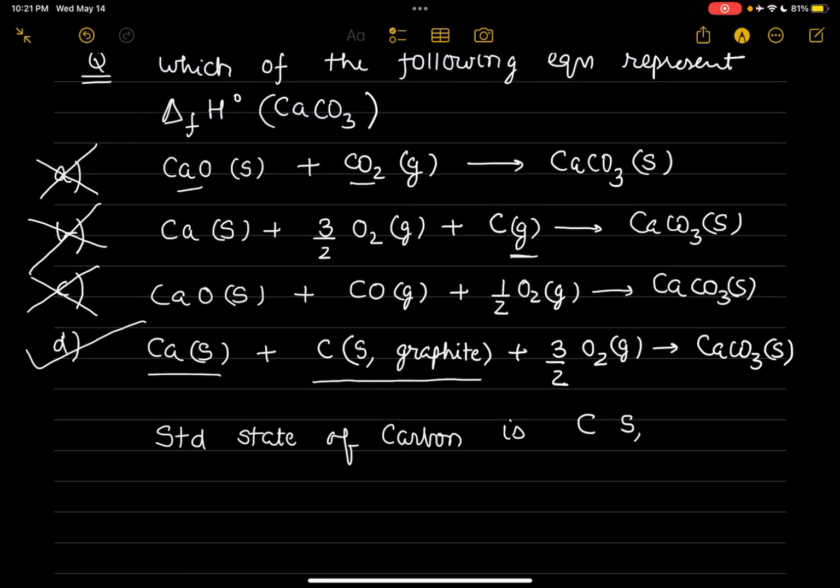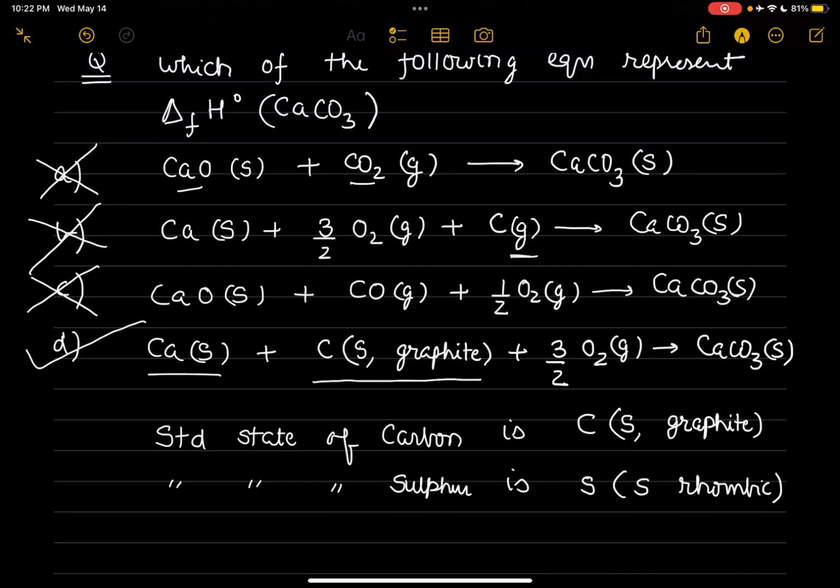Carbon, taken in solid form, is graphite. Graphite is a little bit more stable than diamond. The standard state of sulfur is rhombic sulfur.